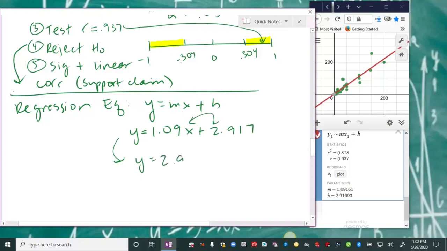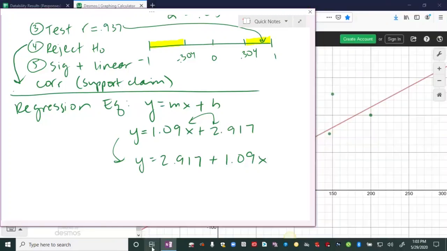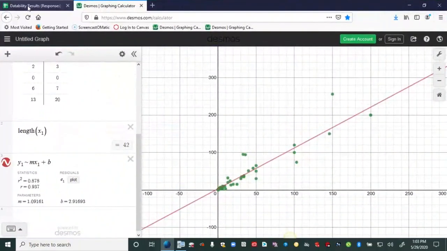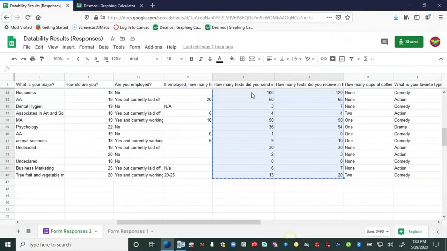So 2.917 plus 1.09x. Both of those work. You just want to make sure that you're matching whatever your question happens to be asking you. So with my equation, I can also grab the variable meanings. So if I go back to my data, sent represents the x's and y represents received.